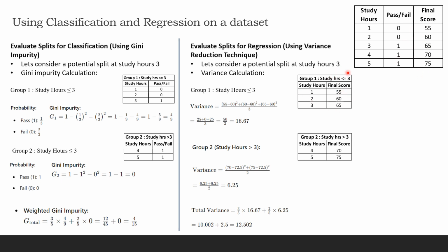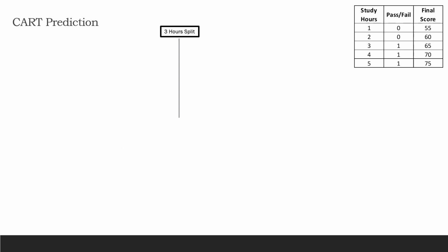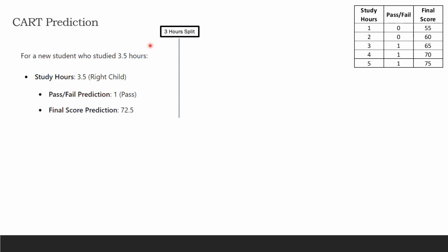For final score also, 3 gives us the best variance, which is different from the actual variance of the data set. And now using these two, the CART will make the prediction. So the algorithm found out that the 3 hour split gave us the best values. This is the numerical part actually.